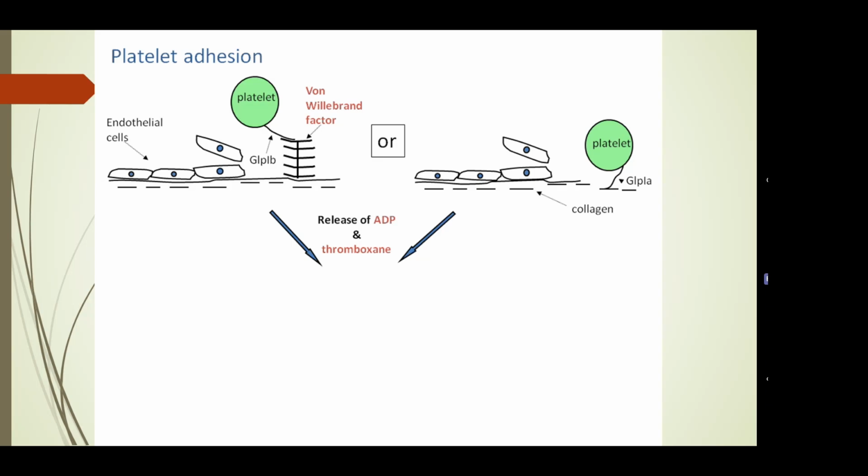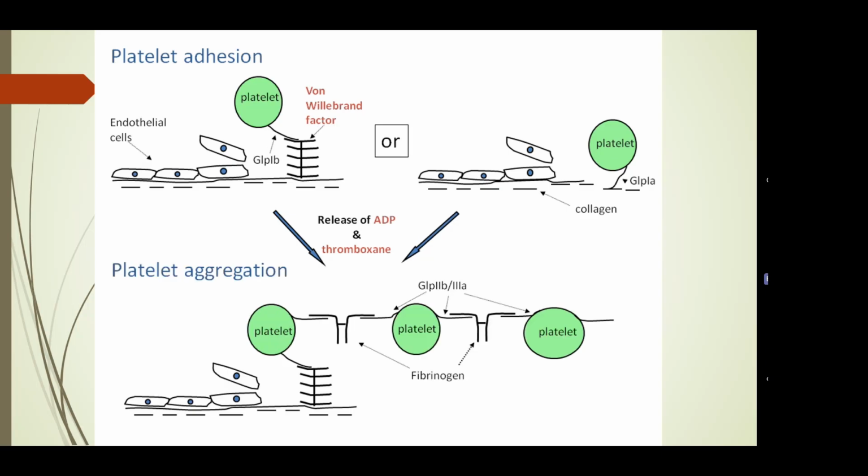The ADP will cause the platelets to also express small receptors, glycoprotein 2b3a, and these receptors bind fibrinogen. So fibrinogen will serve as a linking molecule, linking each platelet to the other. So platelets will be linked together, leading to the aggregation of platelets.